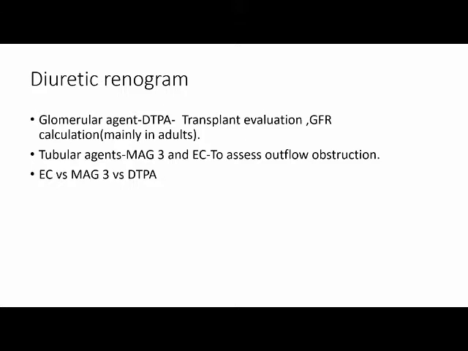Both are handled by tubular secretion, but EC has some advantages over MAG3, because renal extraction of EC is more, around 70% compared to around 60% for MAG3. Especially when renal function is impaired and you are suspecting bilateral pathology, it is better to go ahead with EC rather than MAG3.